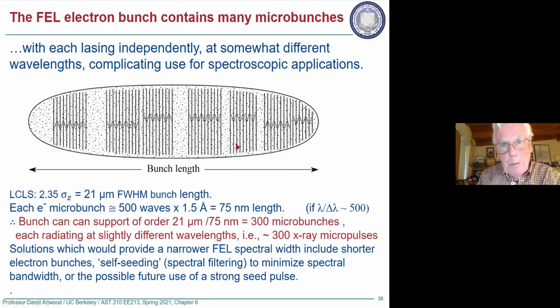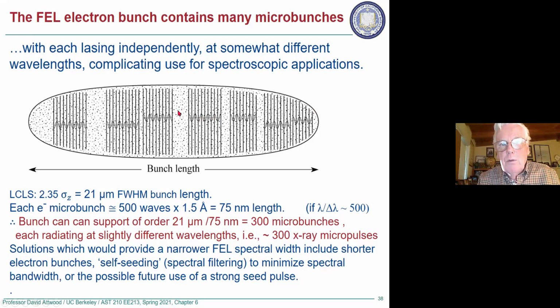These are average numbers. And so if you have a whole bunch of these and they're each 75 nanometers, how many of them can you fit in 21 microns? So this bunch can support something like 21 microns divided by 75 nanometers, around 300 microbunches. So one of these pulses coming through, and the next one after, and the next one after that, can be producing 300 little X-ray pulses.